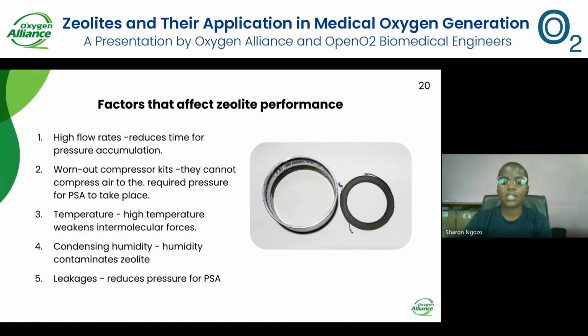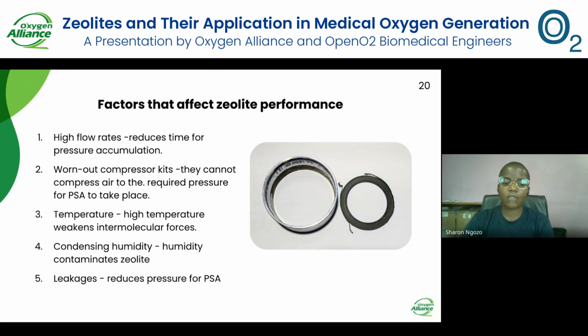These high flow rates we'll be talking about here are the unregulated flows that are being produced. These flows reduce the amount of time that the compressed air and zeolite are in contact. Due to these high flows, there won't be pressure accumulation in the tank.